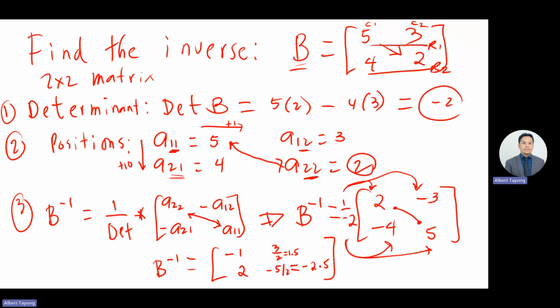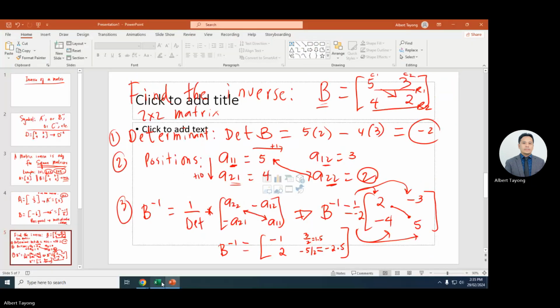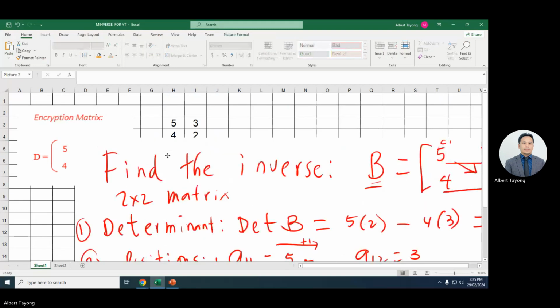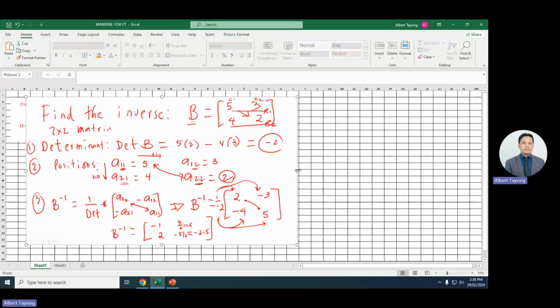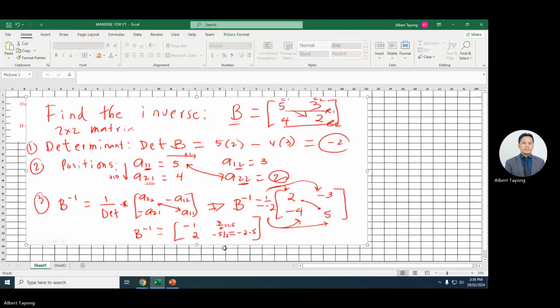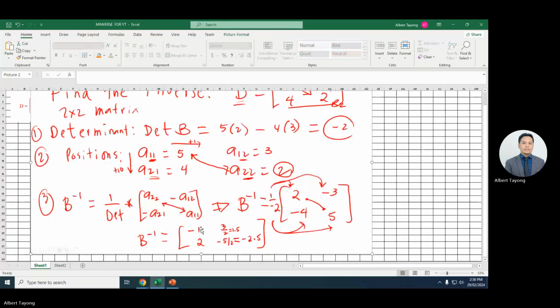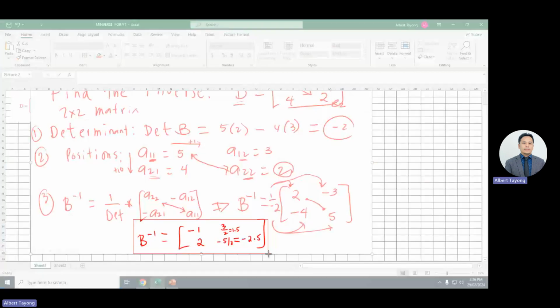So let's try this in Excel to check whether the answer is correct or not. Our answer is negative 1, 1.5, 2, negative 2.5. Let me take a screenshot of this, so you can see our answer.